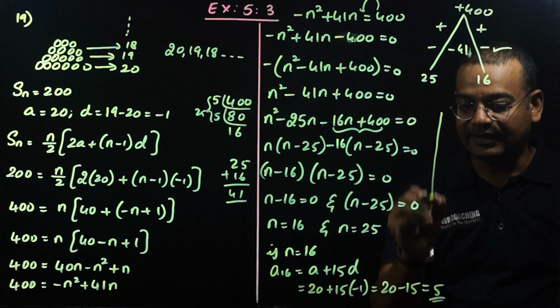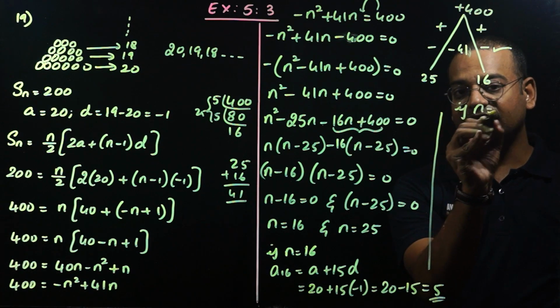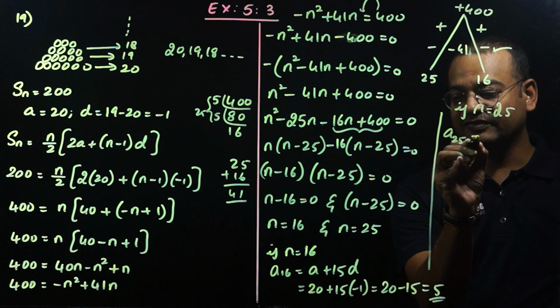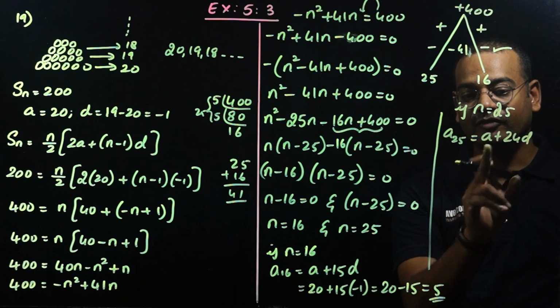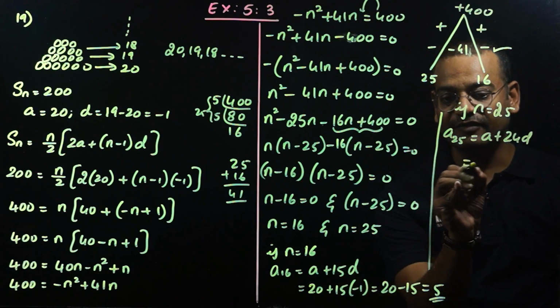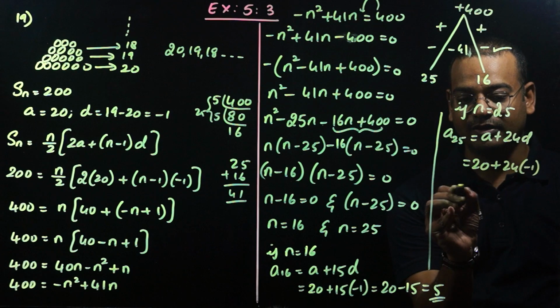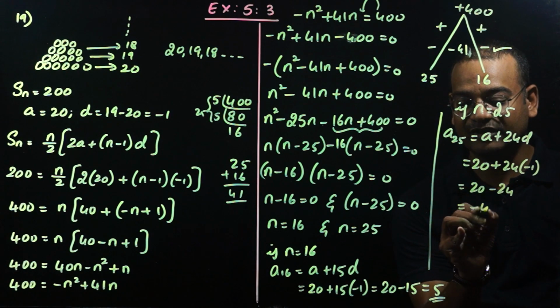Similarly, we will calculate for 25. If n is equal to 25, we will have A25 is equal to A plus 24D. A value is 20 plus 24 into minus 1. This will be 20 minus 24, which will be minus 4.